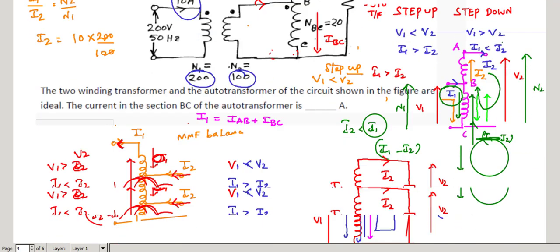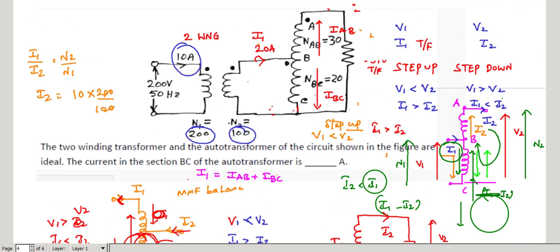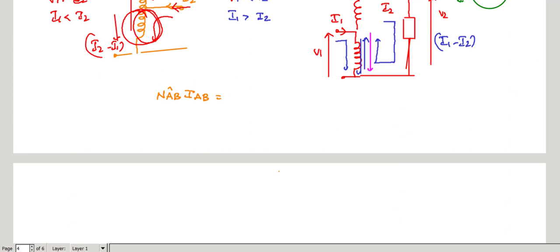NAB into IAB equal to NBC into IBC. So this is the MMF balance.